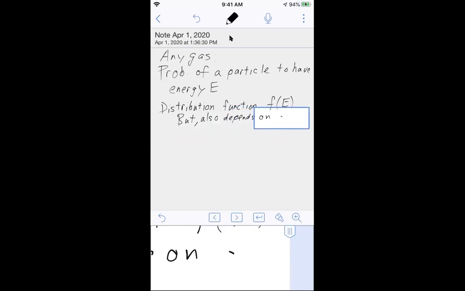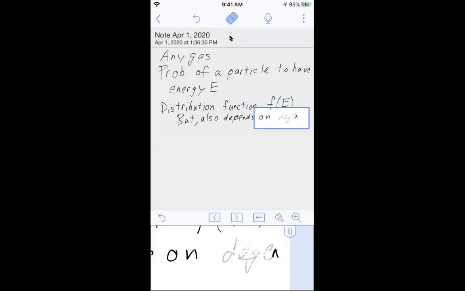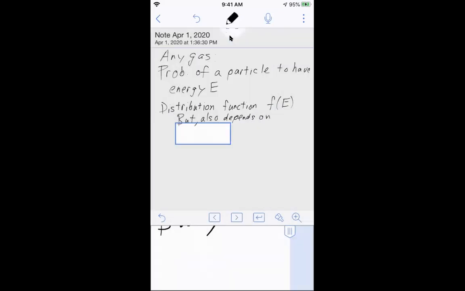All right, so if you remember degeneracy, the degeneracy is the number of different ways that you can have that energy E.